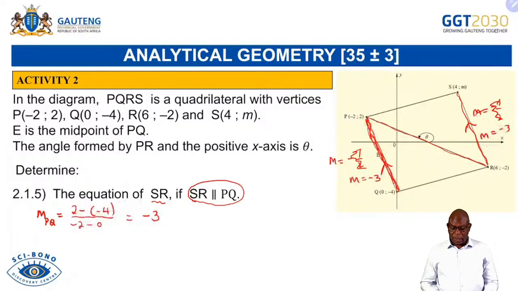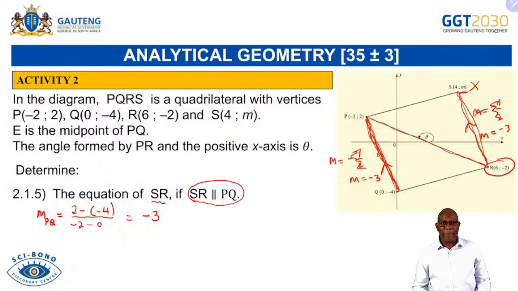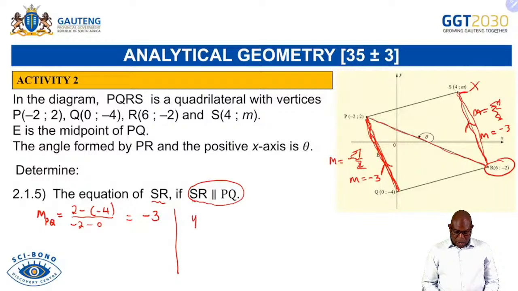So now I've got the gradient of SR. I've got a point here that I can use. This point here, I cannot use it because it's got an M. Now I'm going to use my formula y minus y1. So I'm going to use this point here, so it's y minus negative 2, so it's y plus 2, equals to the gradient, negative 3, times x minus 6.